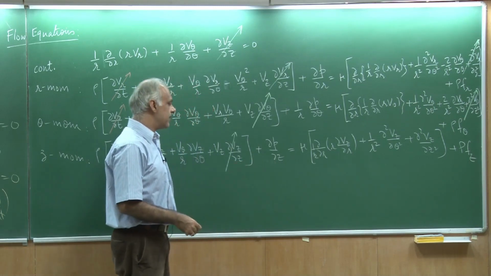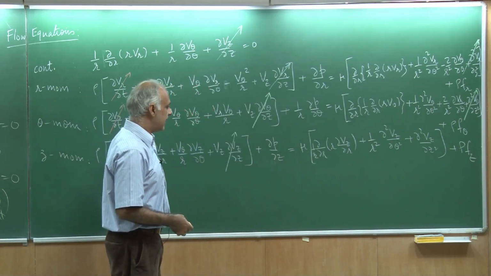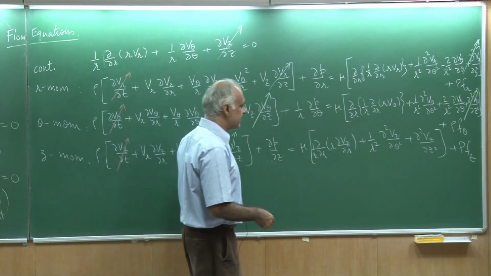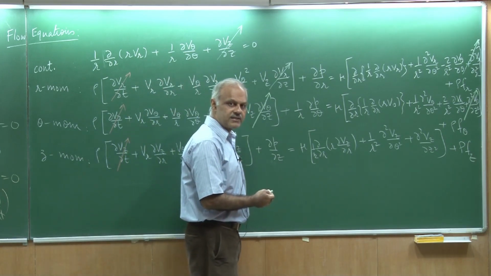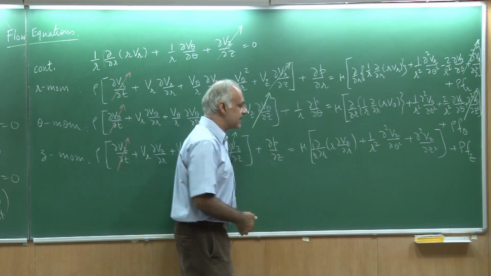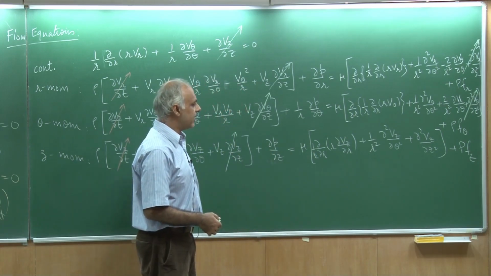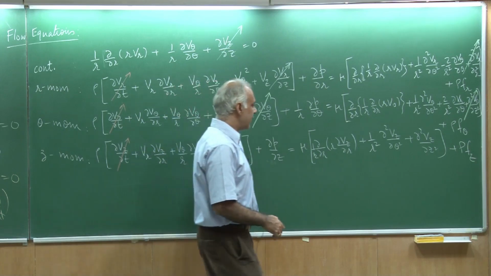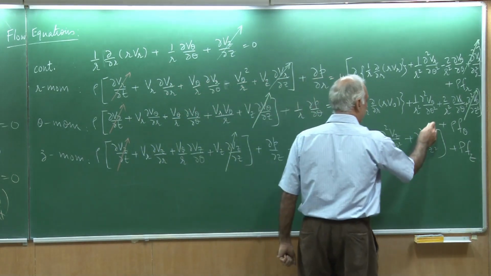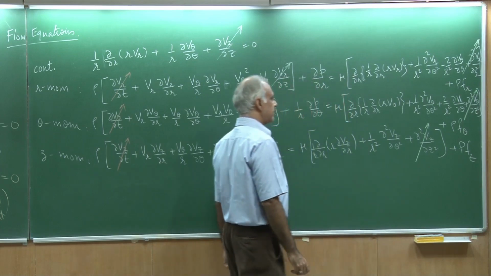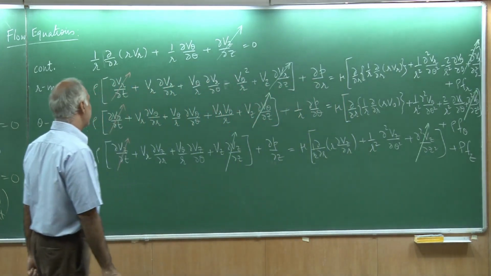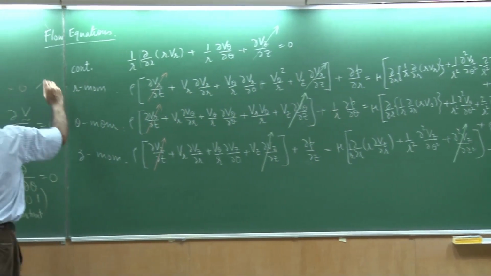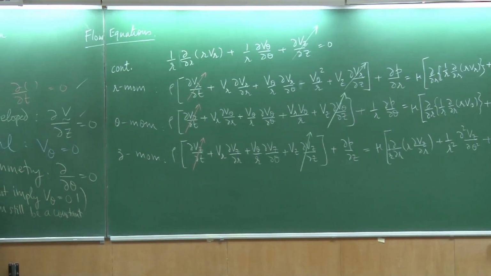As I said, fully developed does not mean that del p del z is identically 0. It may turn out to be 0, as we might look at the equations later and inspect and find out, but it cannot go away because the flow is fully developed. That cannot be the reason. And likewise this term goes away. Okay. So I have taken care of the steady, I have taken care of the fully developed.